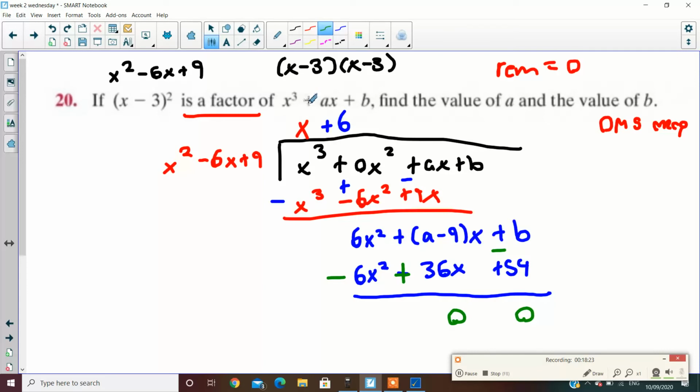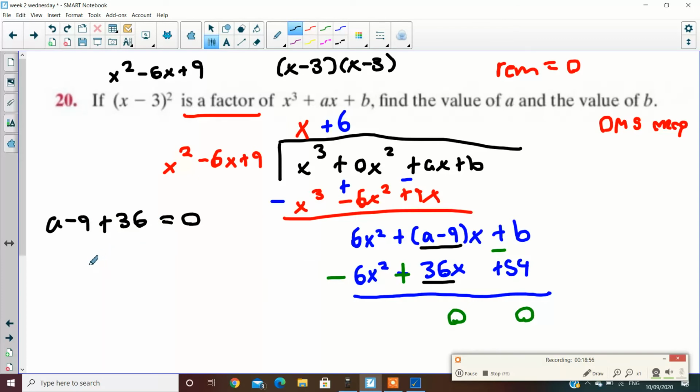So what we're basically saying is that a minus 9 plus 36 has to be equal to 0. So what does that imply about a? A is going to have to be 27.